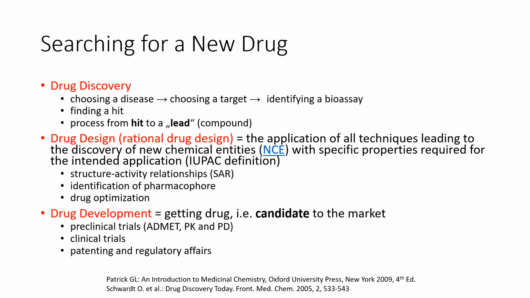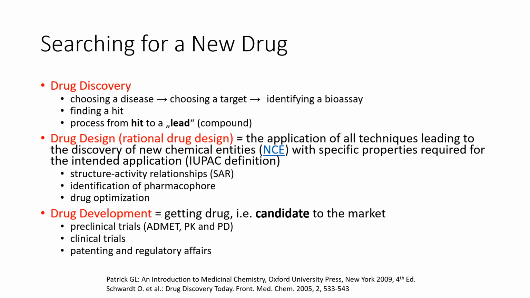The second step, drug design, involves the process from hit to lead compound. It's practically the application of all techniques leading to the discovery of a new chemical entity with specific properties required for the intended application. This is the IUPAC definition.